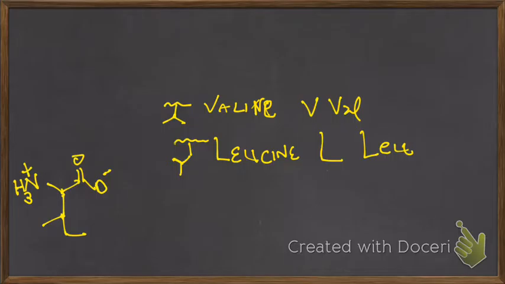It really is an isomer of leucine, because leucine had the extra methyl group hanging here, and this is moved up one. So it's also hydrophobic. Its name is isoleucine.